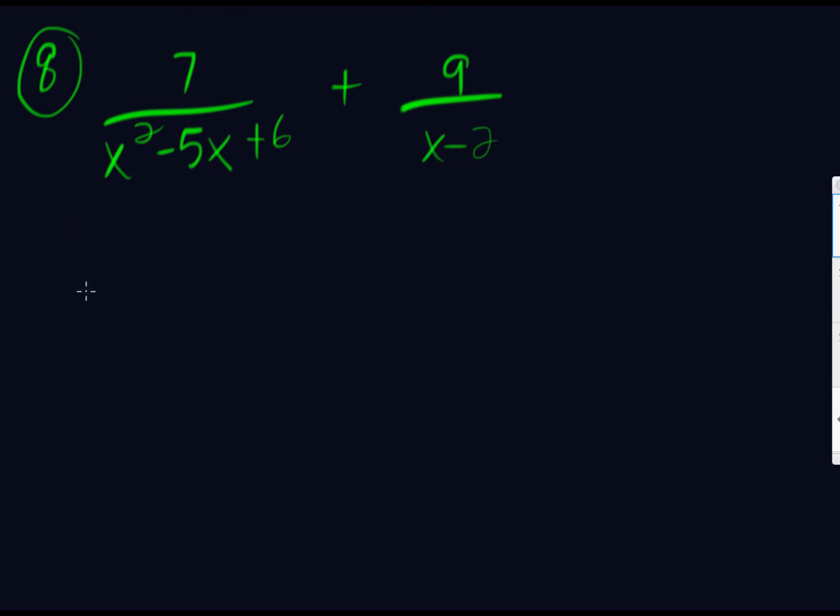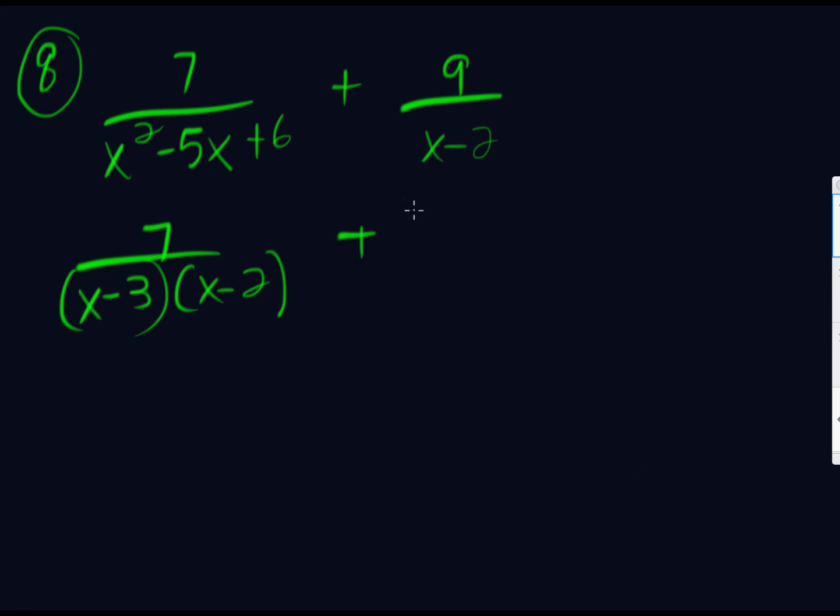So in example number 8, we're starting off by finding our least common denominator, but that's much easier if we rewrite our expressions so that the denominators are factored. So if I look at this trinomial in that first expression's denominator, the factors of 6 that add to give me -5 are -3 and -2.